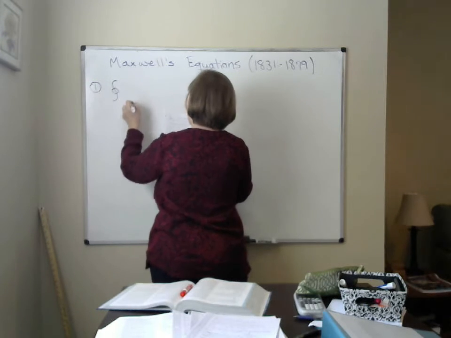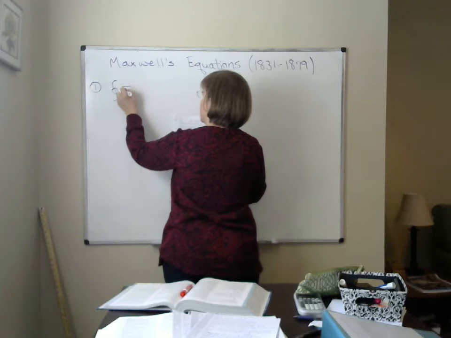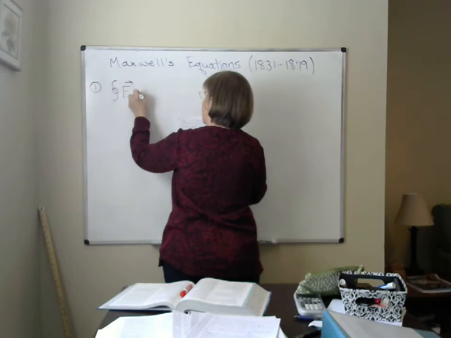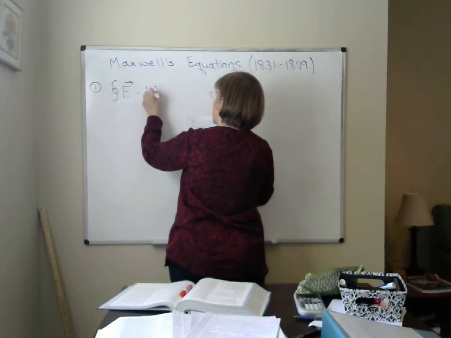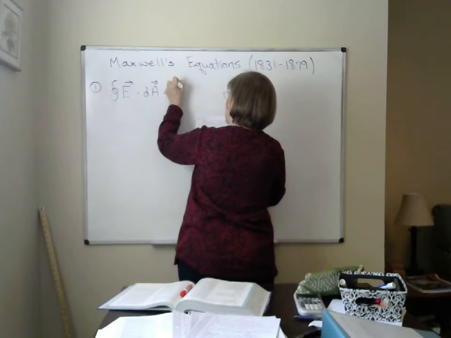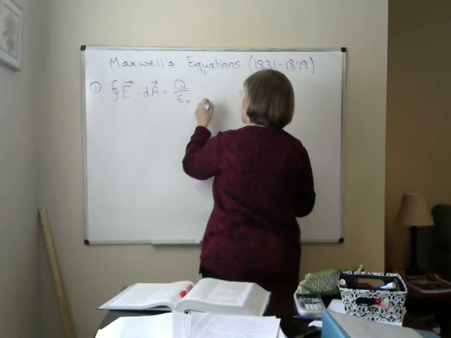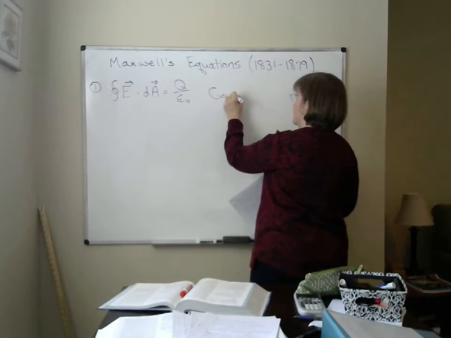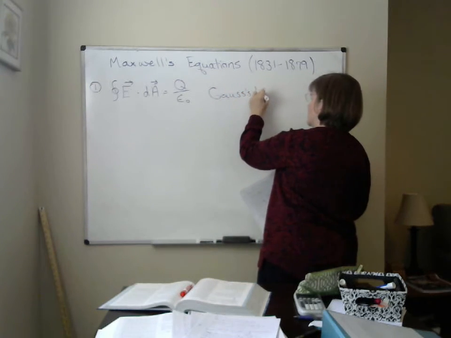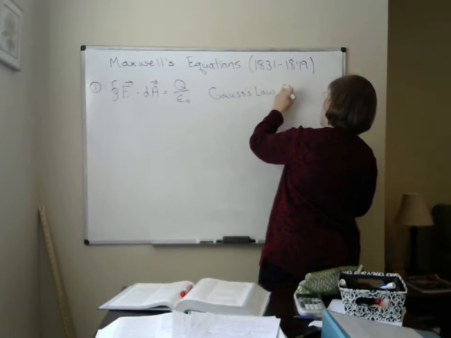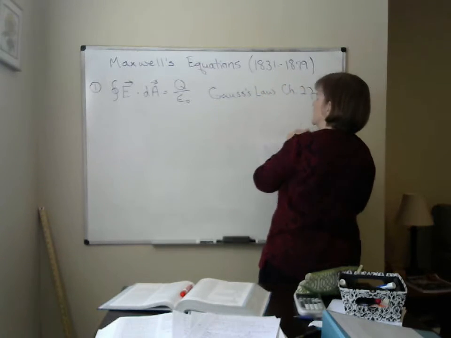The integral over a closed surface of E dot dA is equal to the charge enclosed over epsilon naught. We studied that as Gauss's law, and that was back in chapter 22.